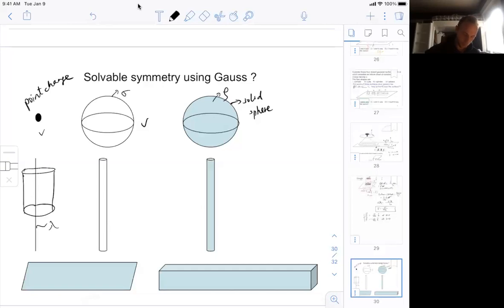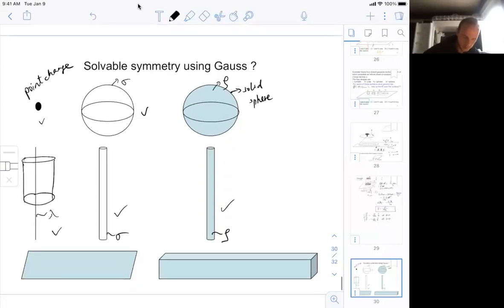Can we use Gauss's law for a hollow cylinder with charge on the surface? Also, yes. What about a solid cylinder? Yes, we can.